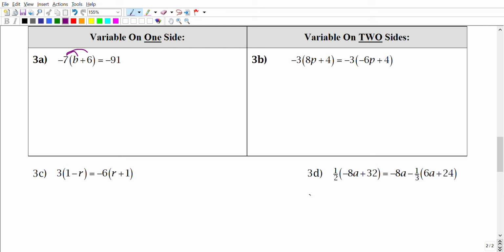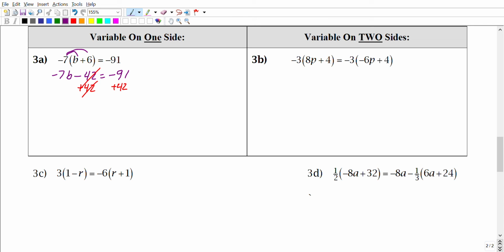I have to distribute my negative 7, so I get negative 7b minus 42 equals negative 91. All right, so again, can I combine any like terms? Nope. Can I get the variable on one side? Well, it's already on one side. And finally, now I can move on to SADMAP. So I'm going to add 42.